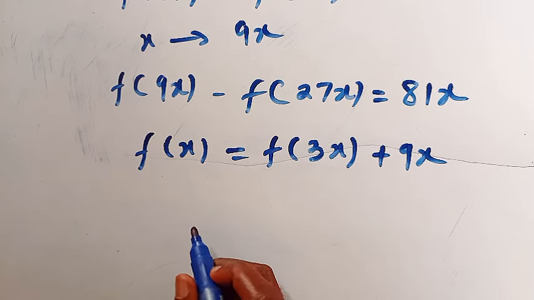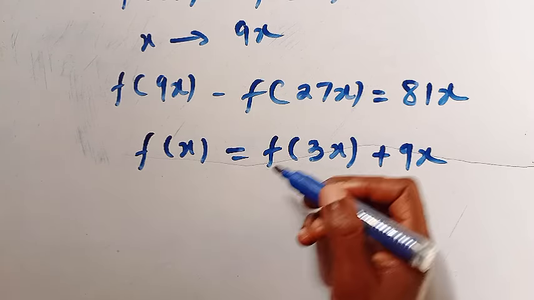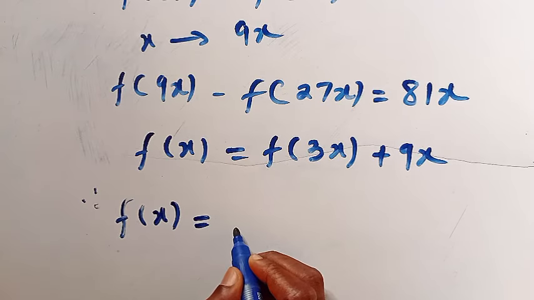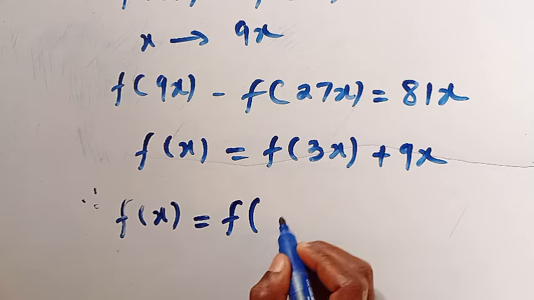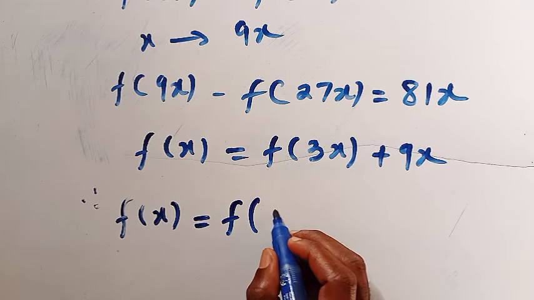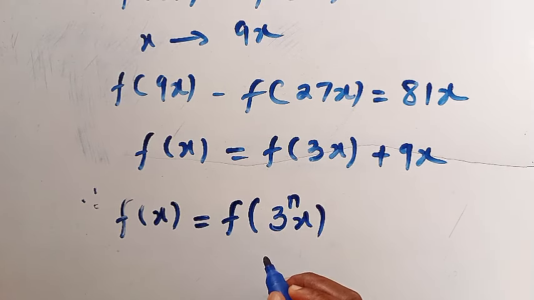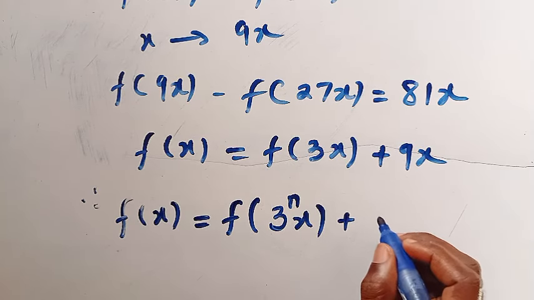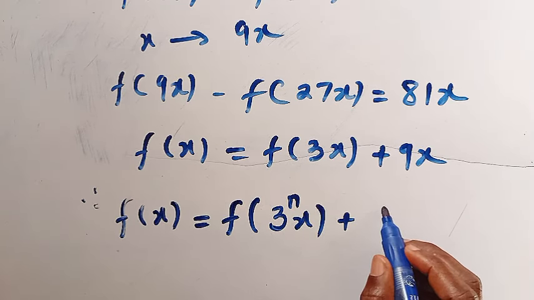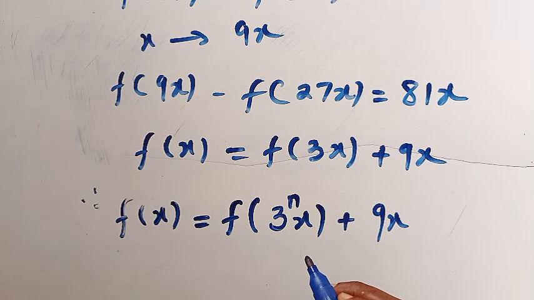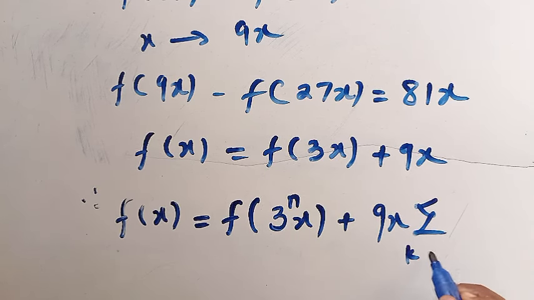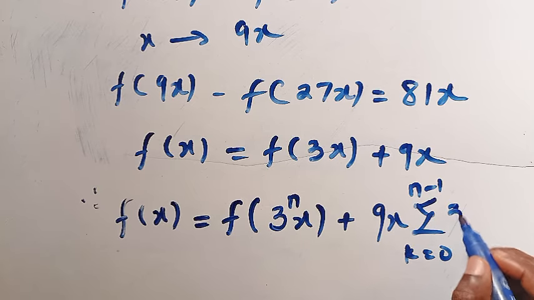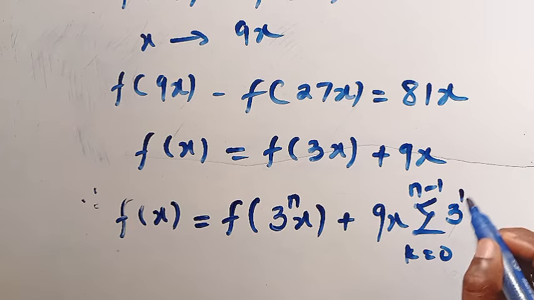It's very simple. If this keeps going like that, we are going to have the general form: f of x equals f of 3 raised to power n times x, as n is a member of the integers, plus 9x times the summation of k equals 0 to n minus 1 of 3 raised to power k.